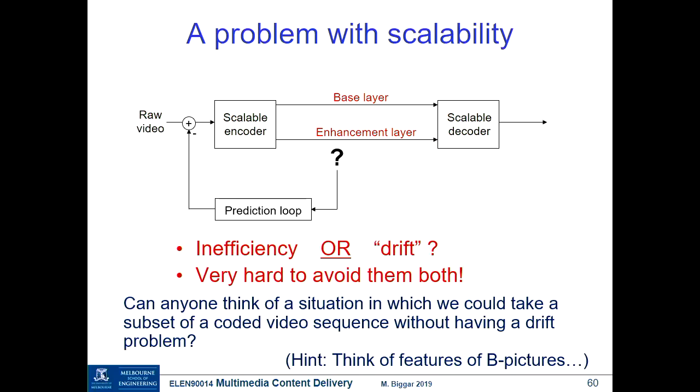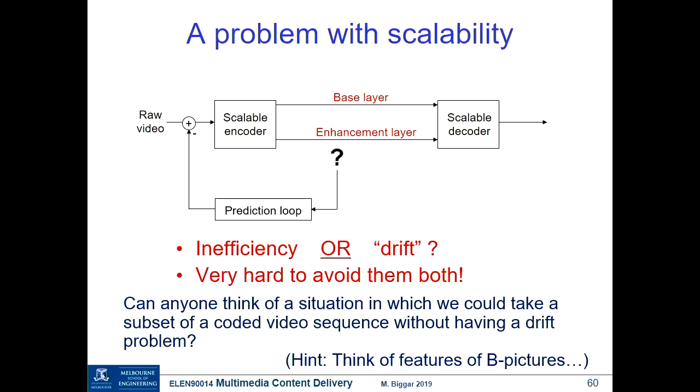Because we use interpolating, I think, between I and P. Well, if the B pictures aren't used to predict anything else, then it's not a problem in this case, right? So if we pull B pictures out and use them as an enhancement layer, the base layer will not drift, right? Because the base layer includes the I's and P's that are always predicted from one another anyway, so they're contained in that set.